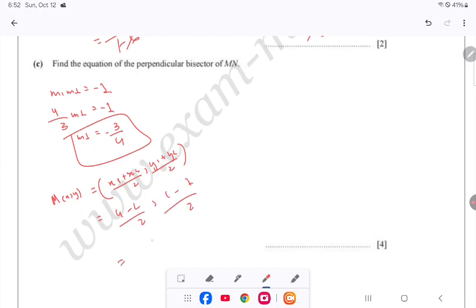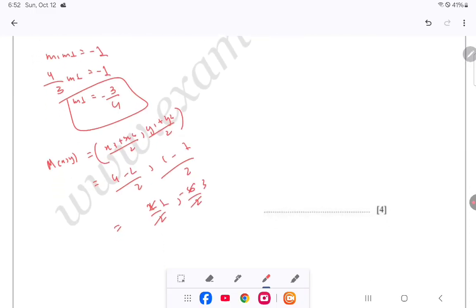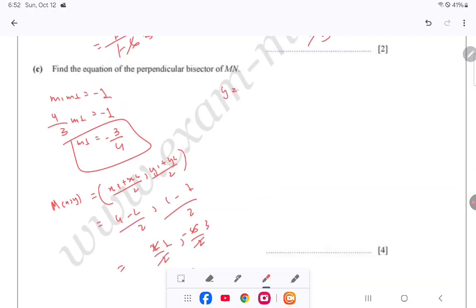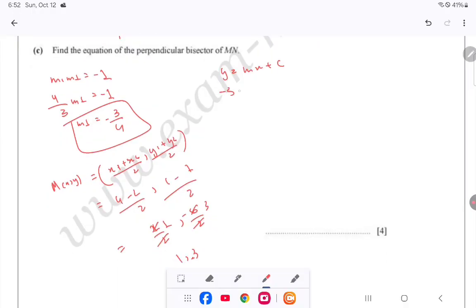Solve it further: 2 over 2 comma negative 6 over 2. It will give you the midpoint 1 comma negative 3, which we have to put in the equation y is equal to mx plus c. Y is negative 3, m is negative 3 over 4, x is 1, plus c.